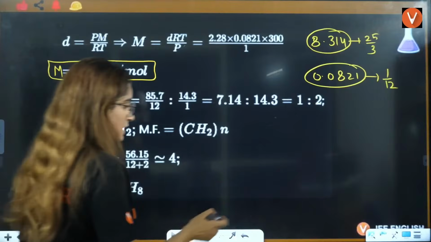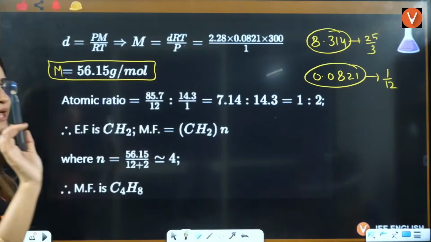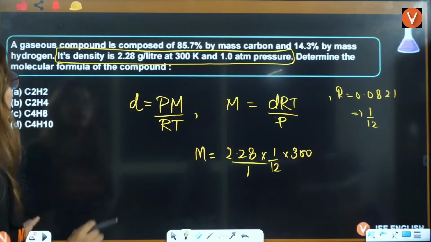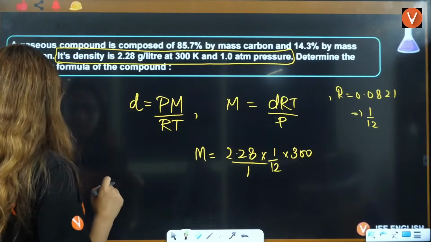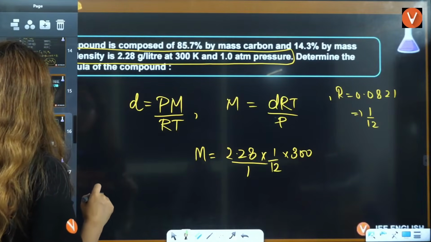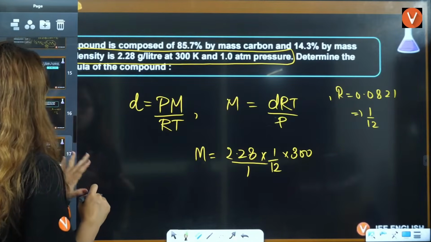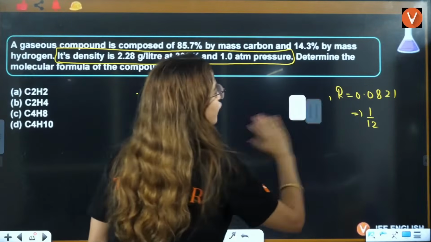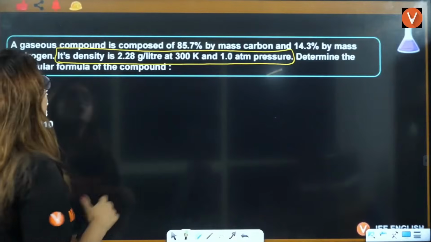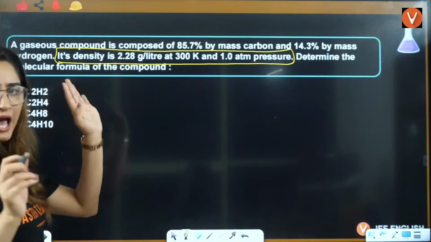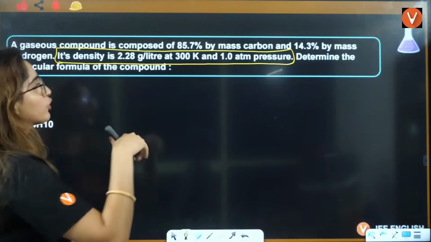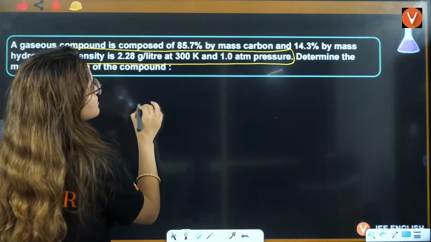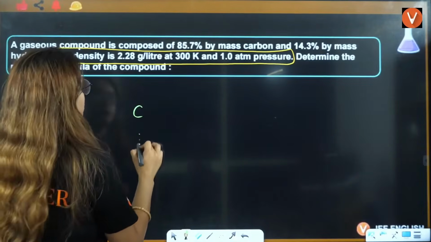Now see this: how to calculate the empirical formula? Here they have given it this way, but we would normally calculate this in the form of a table. In the exam you can't make a table, so how will you do this? This is carbon, this is hydrogen.